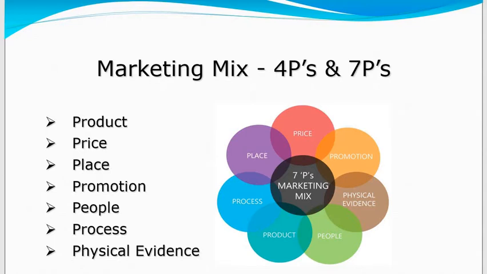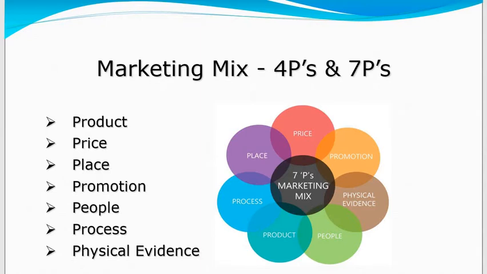Now I'm going to mention a little bit more about the 7 P's of marketing mix as well. The 7 P's of marketing are important for services and they are like an extended hand of the 4 P's of marketing. So besides product, price, place, and promotion, we have 3 more elements in services, which are people, processes, and physical evidence.